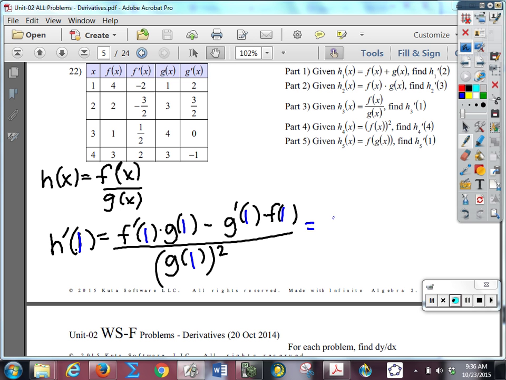So just look at the table: f prime of 1 is negative 2, g of 1 is 1, g prime of 1 is 2, f of 1 is 4, over g of 1, which is 1, squared.